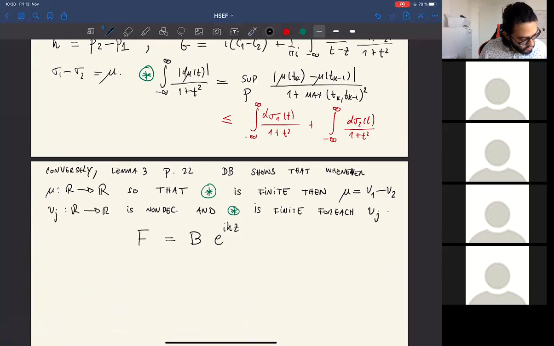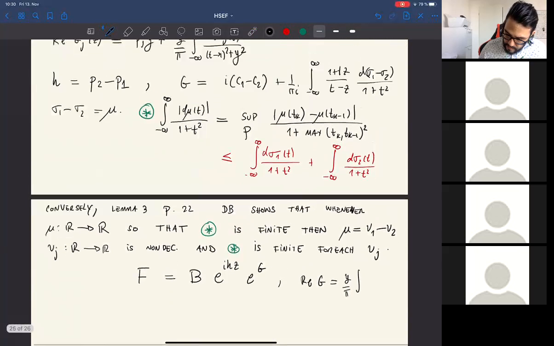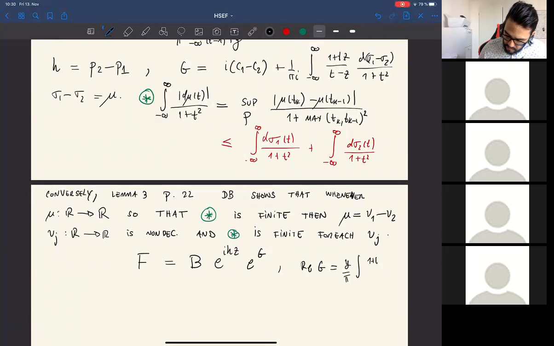And then times a certain function e to the G, the way I defined before, such that the real part of G equals y over pi, the integral of d mu of t over (t minus x) squared plus y squared, divided by 1 plus t squared, and star is finite.